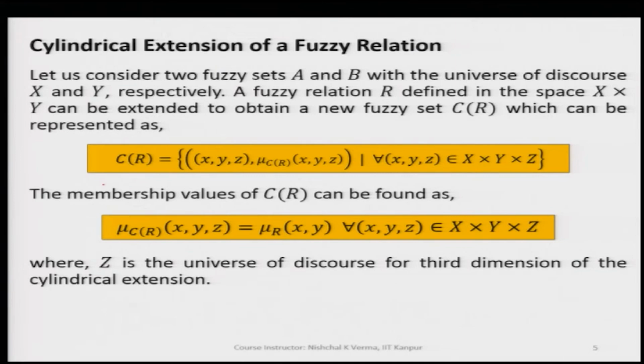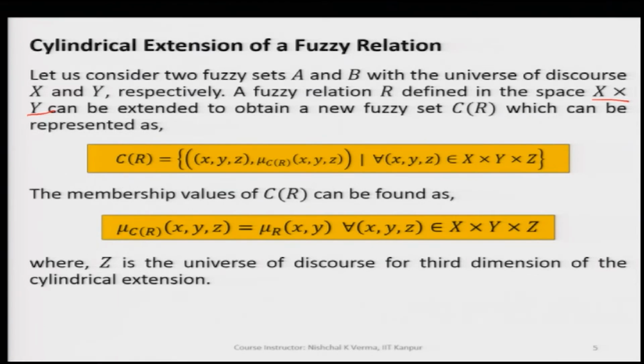So, we can define a fuzzy relation R, let us say, in the universe of discourse x cross y. R is a relation set. This has the generic variables x, y, and if we are interested in extending the dimension, adding a generic variable, let us say z, we can go for it.